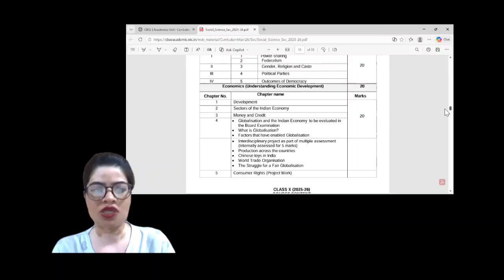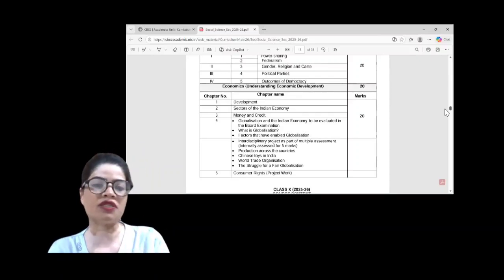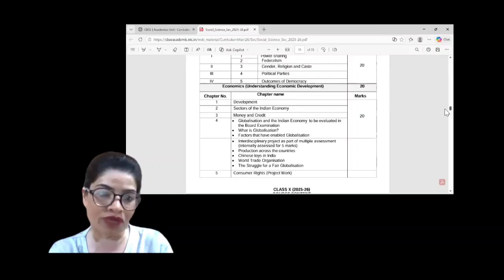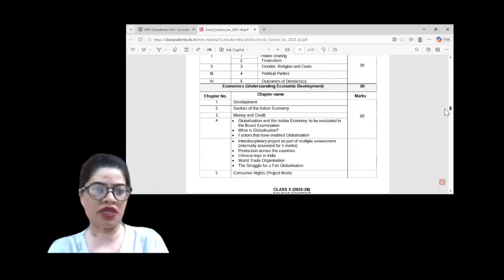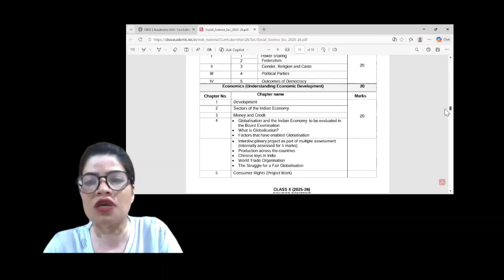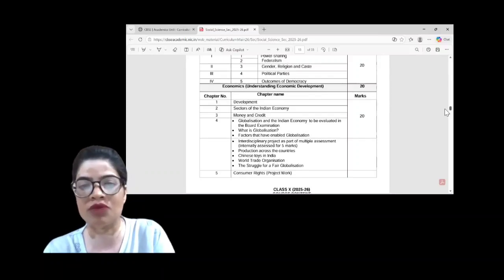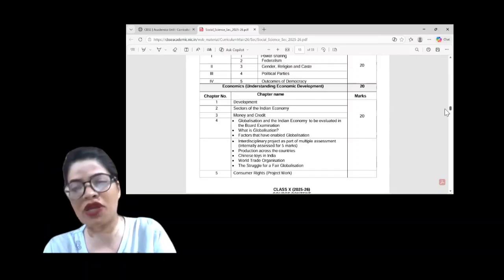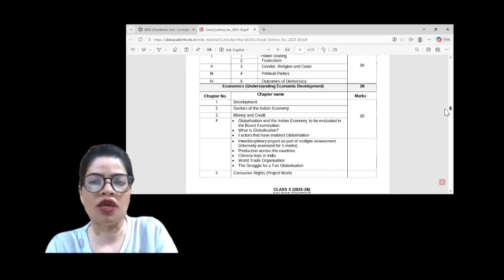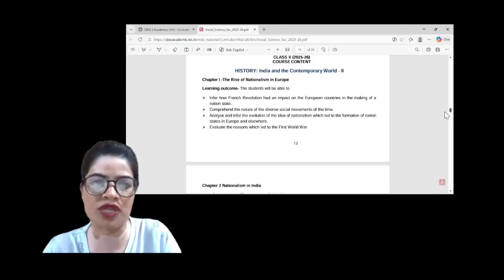Okay, in which you would be learning about what is globalization, then factors that have enabled globalization, and then there are some interdisciplinary projects, topics which will help you to get multiple assessment marks, that is internal marks. So these will be discussed by your school. We will focus on the theory part most of the time.